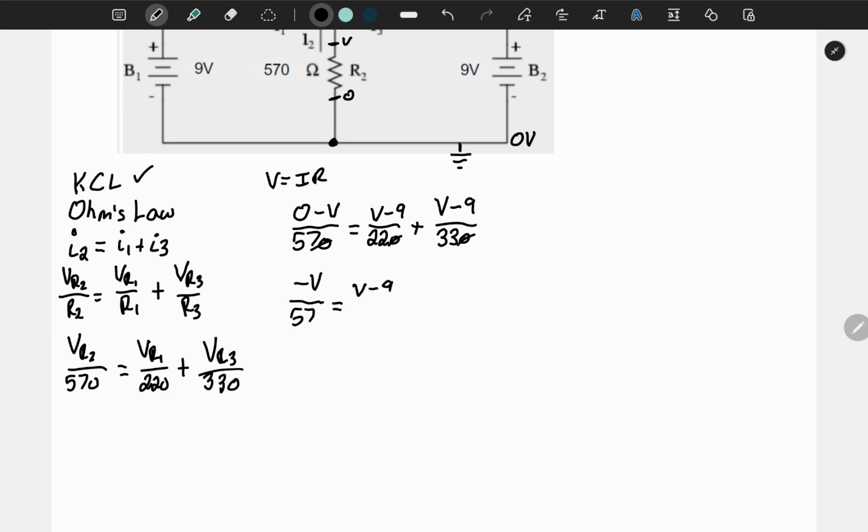If you're not sure why, it's because I can multiply everything by 10, and that would be the same thing. 10 times this equation right here would just cancel out the 10 and the 0. And same thing over here.